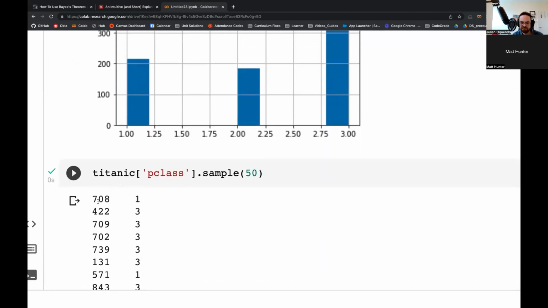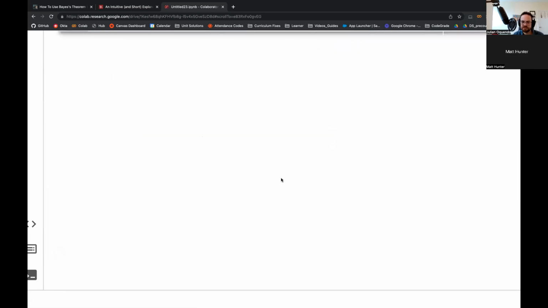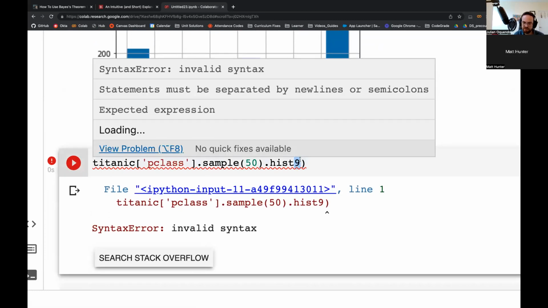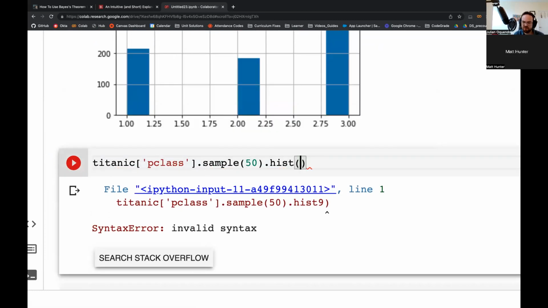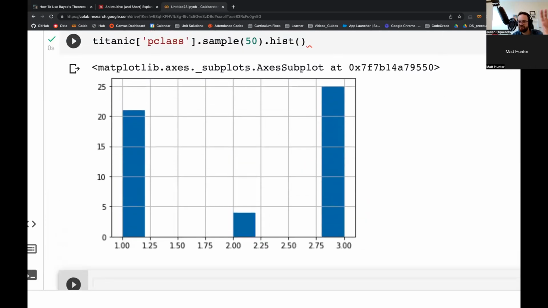If you create this as a histogram, whoops, that was a typo. I make this into a histogram. This is going to look very similar because essentially all I've taken is 50 rows, or 50 samples, and thrown them into a bar graph. It does exactly the same thing, right?